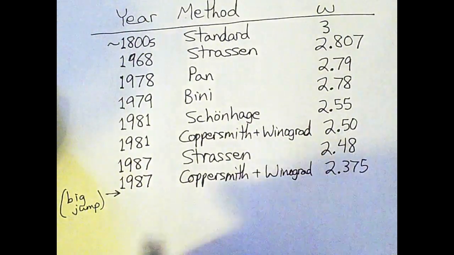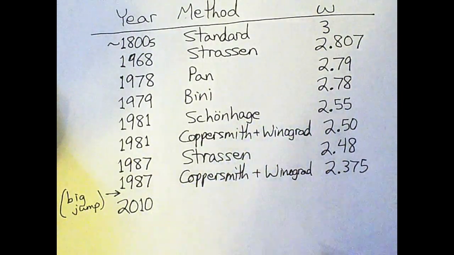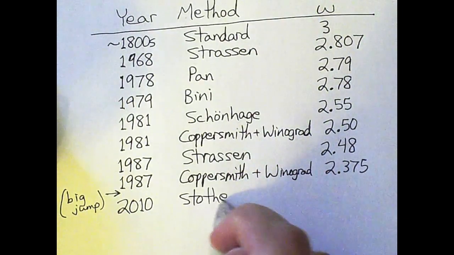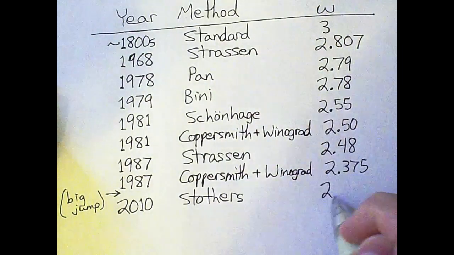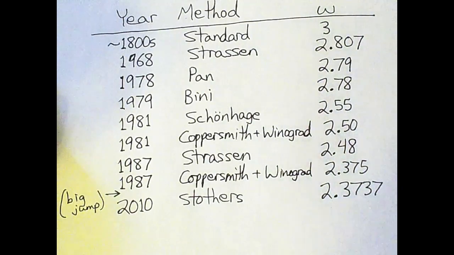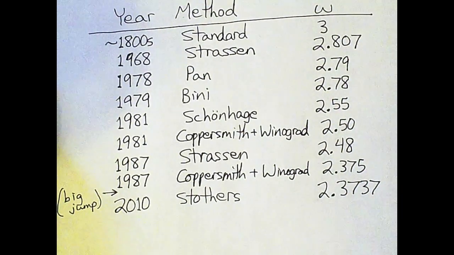Because the next improvement for efficient matrix multiplication was 2010. And this was by Stothers, who found a new method that brought the exponent down to 2.3737. Not a very big improvement, but an interesting improvement after all that time.